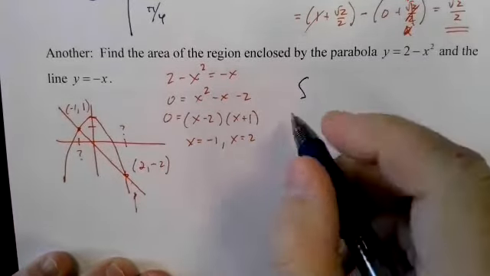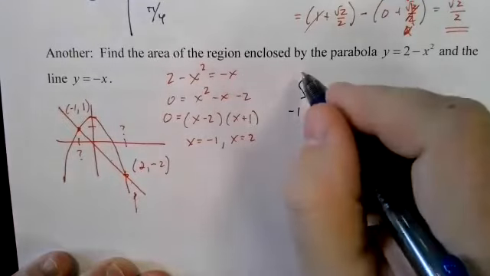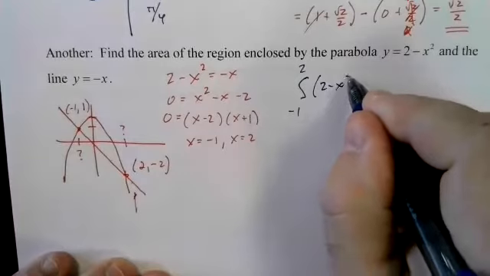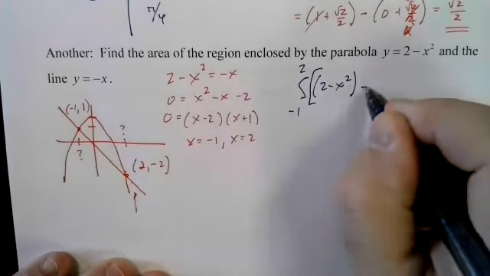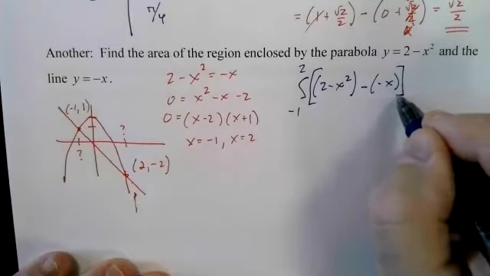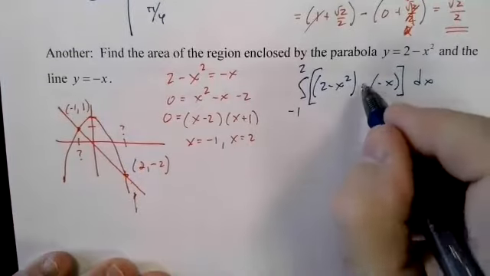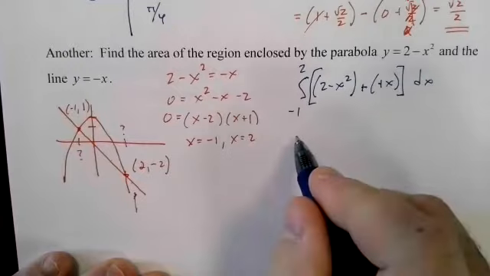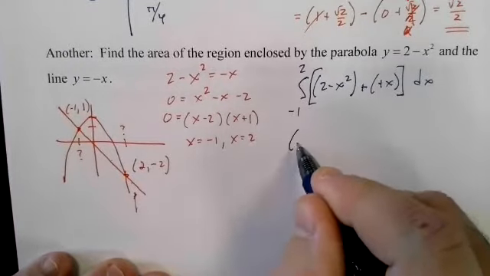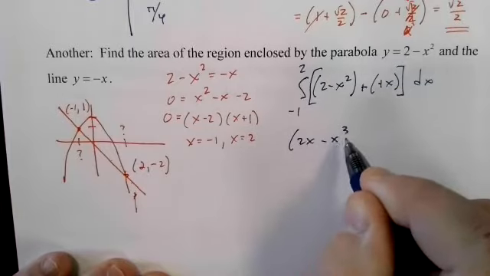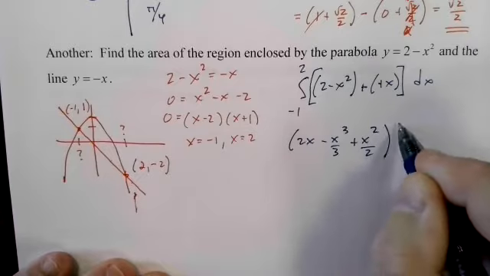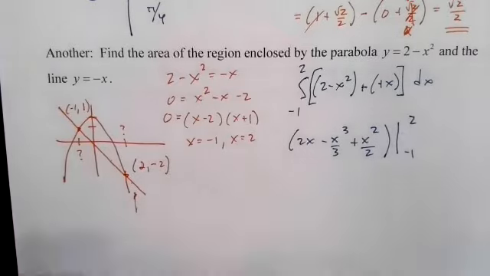So integral from -1 to 2, top function 2 minus x squared minus bottom function, minus negative x. Can we do some combining? We cannot, so let's just integrate. 2x minus x to the third over 3 plus x squared over 2, from -1 to 2.